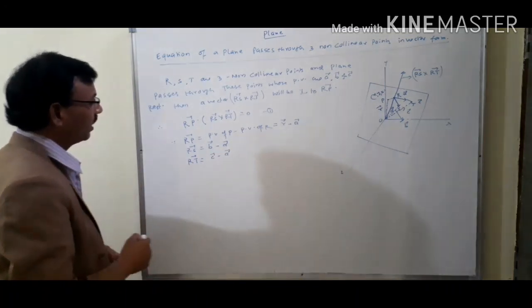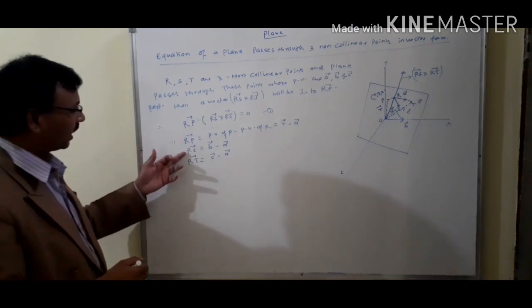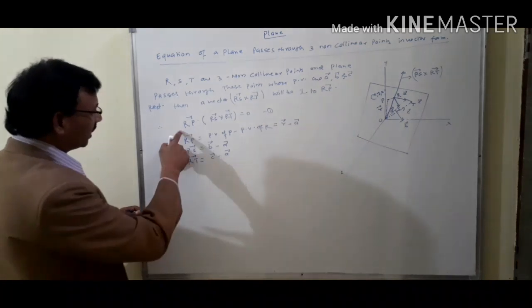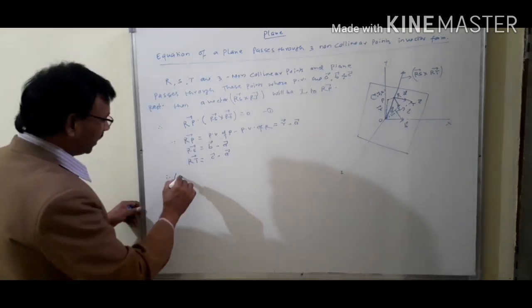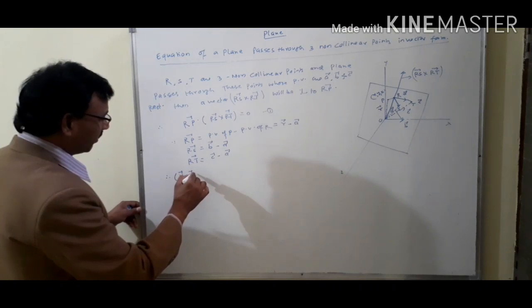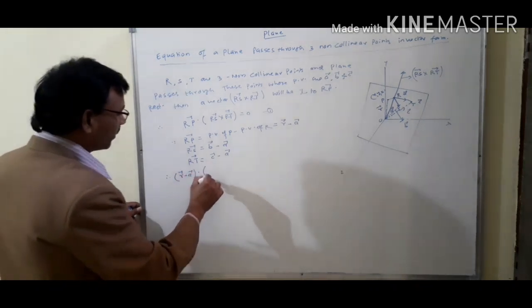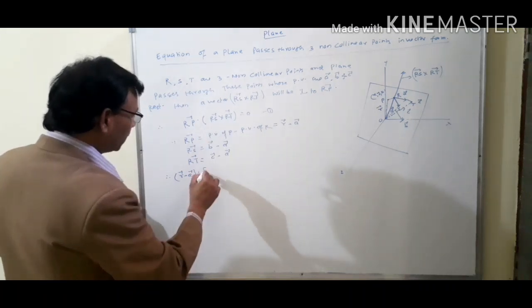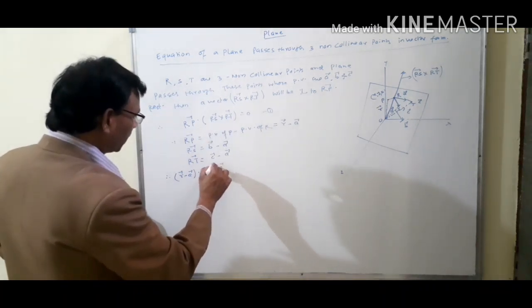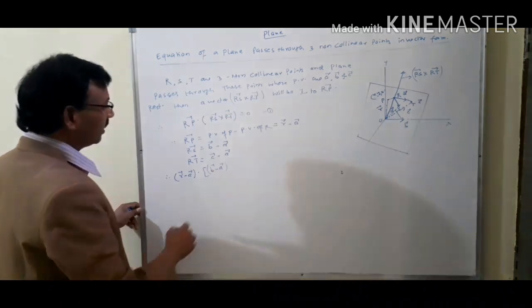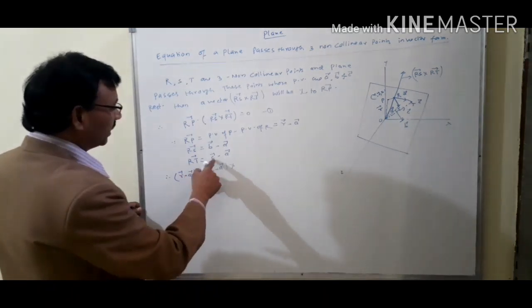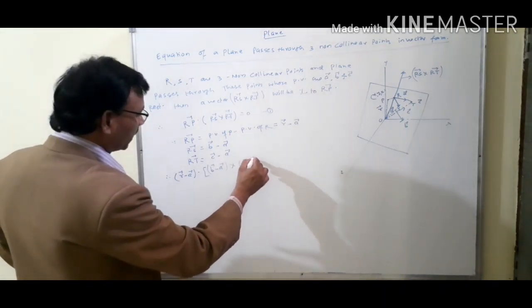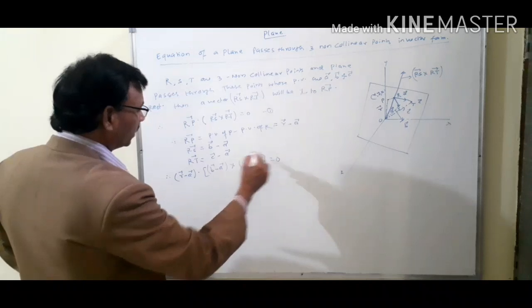Now putting the values of RP, RS and RT in equation first, in place of RP we write r minus a, vector a dot RS, which is b minus a, cross RT, that is c minus a, equal to 0.